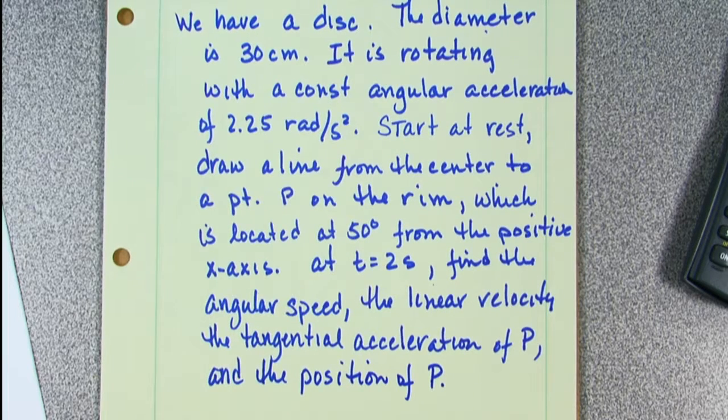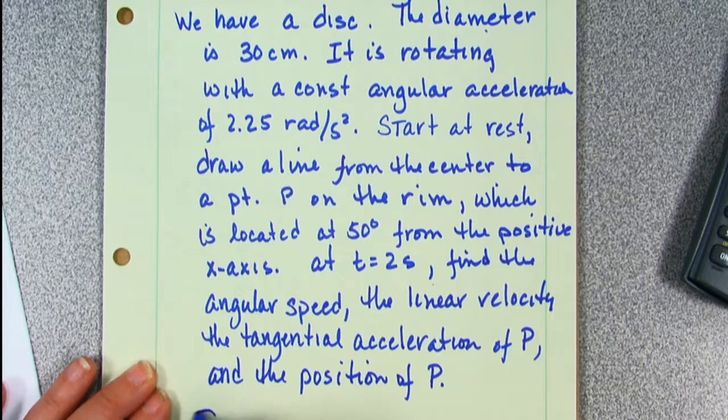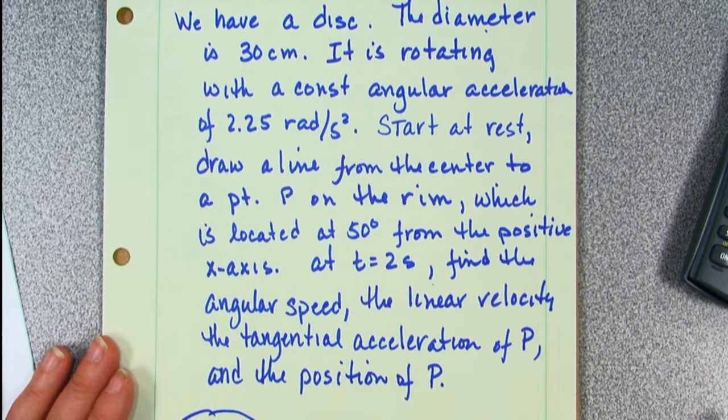Okay. This is not an uncommon problem. So the first thing you've got to do is figure out what the problem is telling you. So we've got a disk, so I'm drawing a disk. We've got a point P on the rim somewhere, but it's telling me my point P is located at 50 degrees from the positive x-axis, so I'm going to give myself a reference point.